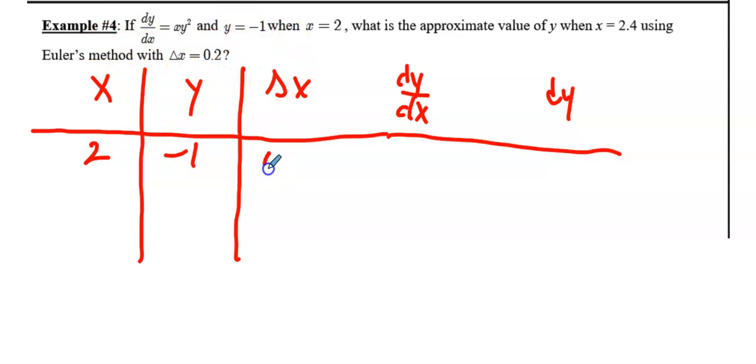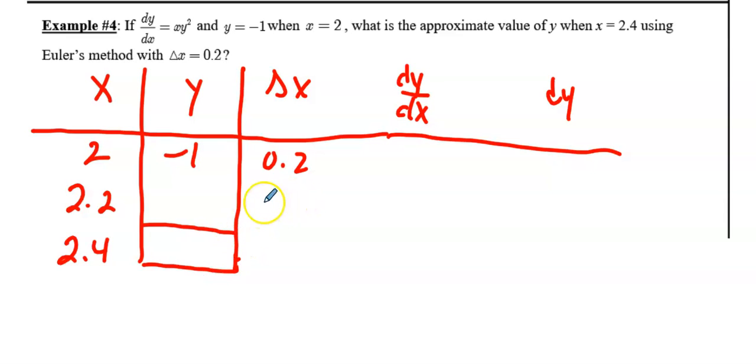Delta x is 0.2, and I want to get to 2.4. So I go 2 plus 0.2 is 2.2, then 2.4. I put a box here because this is the answer I want, and I fill in 0.2 here. I just have to fill in the rest.